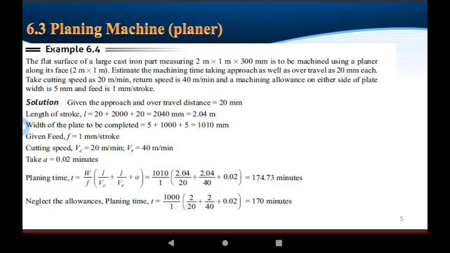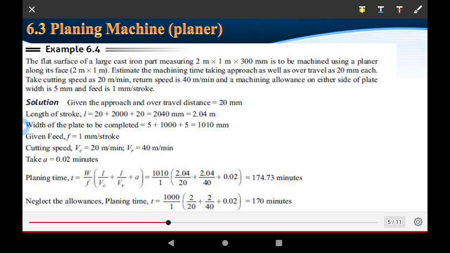Estimate the machining time, taking approach as well as overtravel of 20 mm each. Cutting speed is 20 meters per minute, and return speed Vr is 40 meters per minute. The machining allowance on either side of the plate width is 5 mm, and the feed rate is given as 1 mm per stroke.